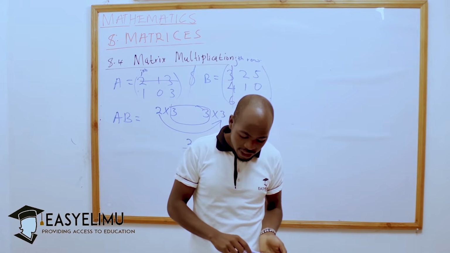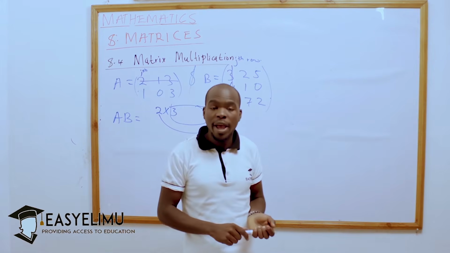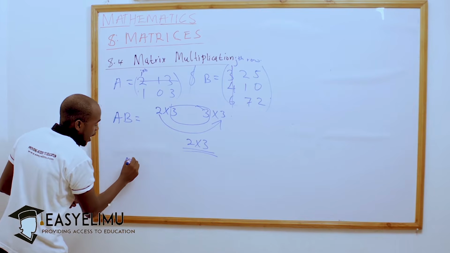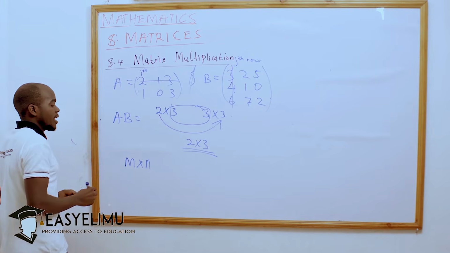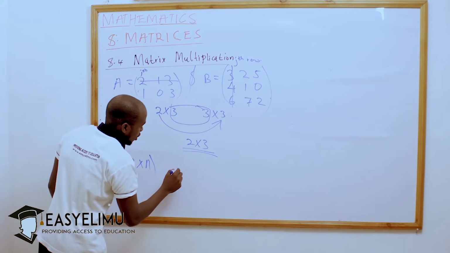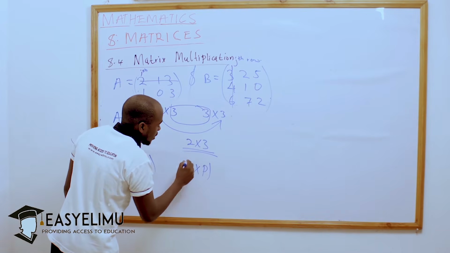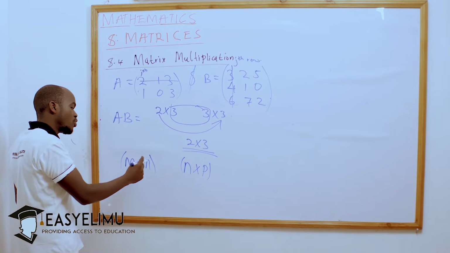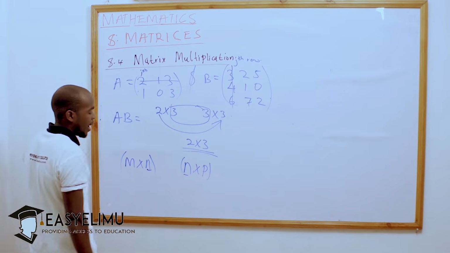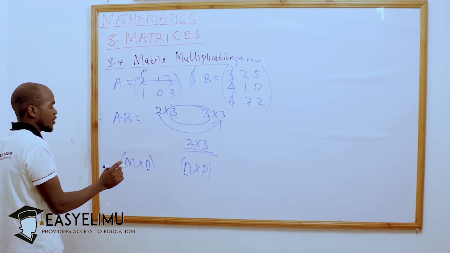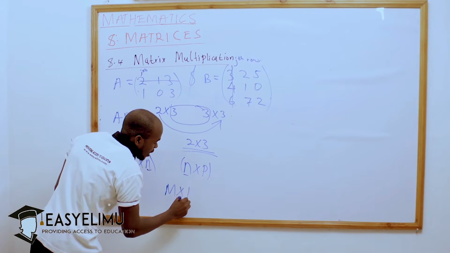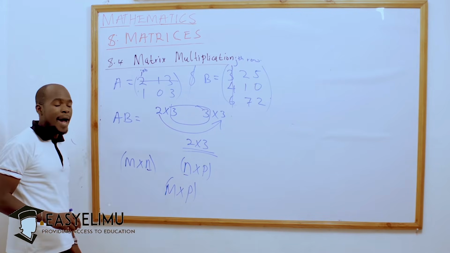So we can say that in general, given a matrix of order m by n, and another matrix of order n by p, then the two matrices are compatible for multiplication because the two n's are the same. Meaning the resulting matrix will be of the order m by p.